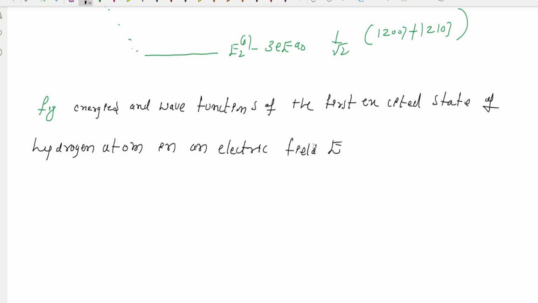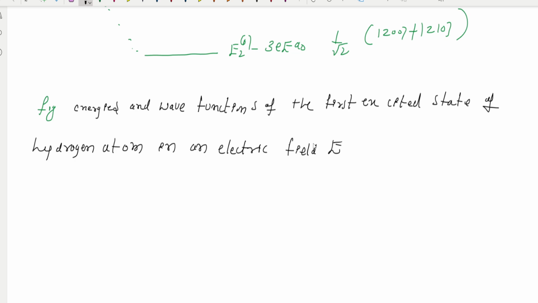The states 211 and 21 minus 1 do not possess dipole moment and therefore do not have the first order interaction with the field.